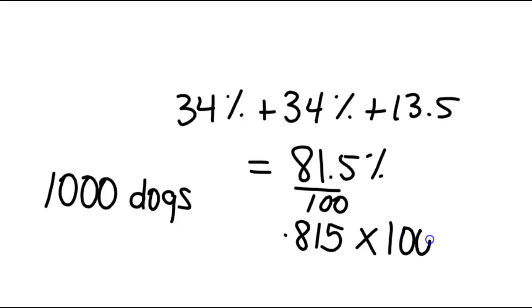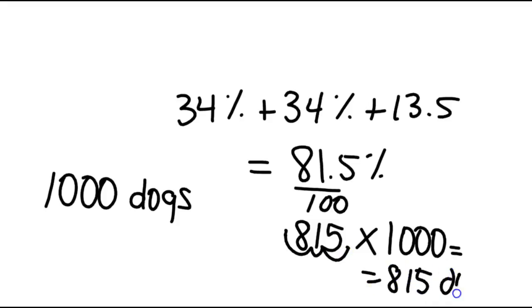So you would times it by 1,000. So 3 decimal spots, that would be 815 dogs out of the 1,000 fall between that weight of 47.7 pounds and 54.9. So almost all of the dogs fall between that weight. Okay?